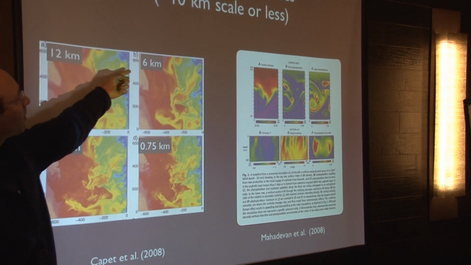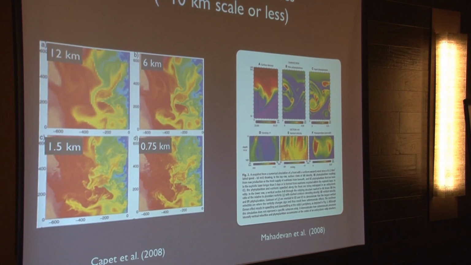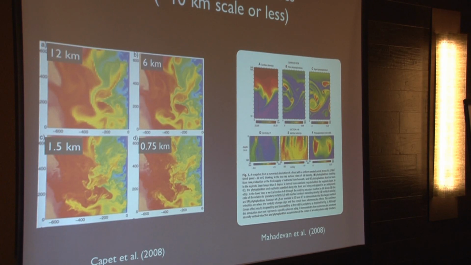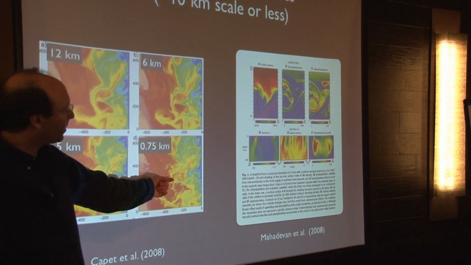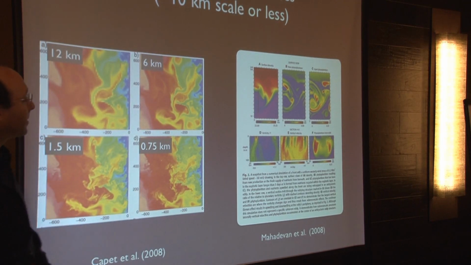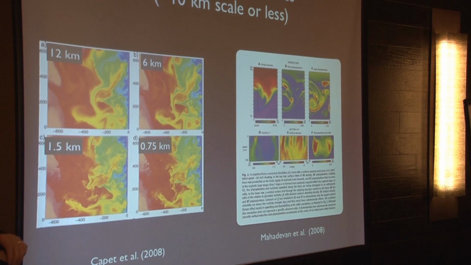So this is a 12-kilometer model, 6-kilometer, 1.5, and 0.75 kilometer model. And although there's a general agreement in the structure of this temperature field, in fact, you see a rather more complicated filamentous structure occurring when you can resolve those scales, at least in a model.